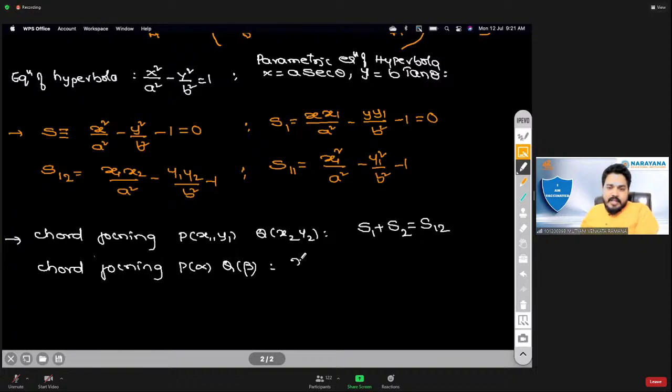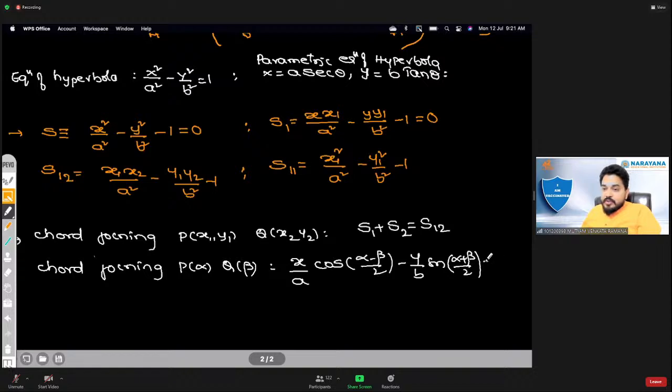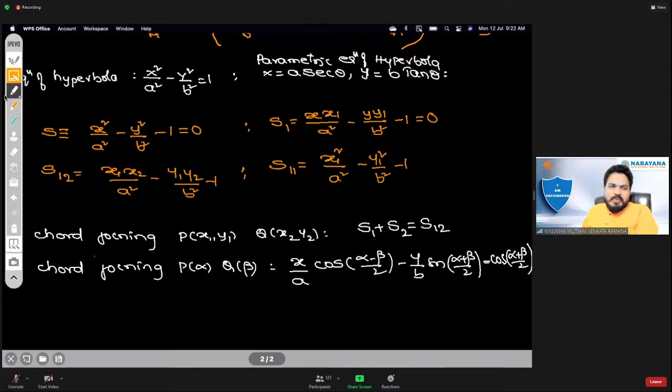This equation is x by a cos of (alpha minus beta) by 2 minus y by b sine of (alpha plus beta) by 2 is equal to cos of (alpha plus beta) by 2. Okay. Proofs are not required. If you want, you can try.